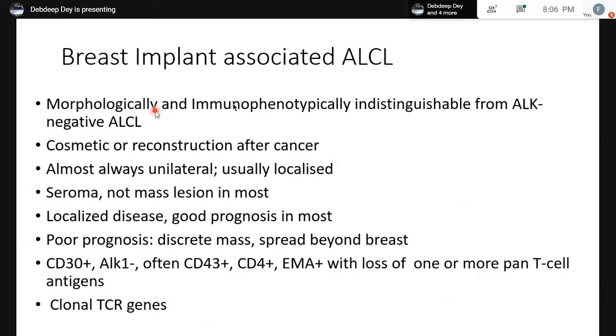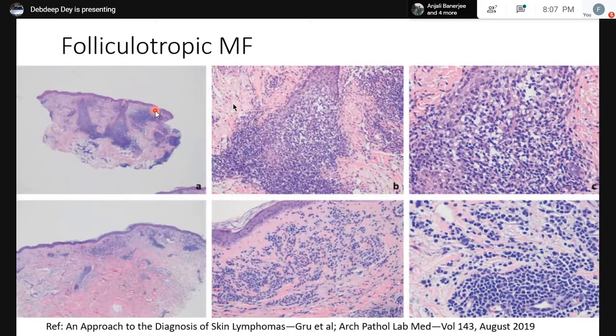It's CD30 positive, ALK1 negative, CD43 positive, and CD4 positive, with EMA positive and loss of one or more pan T cell antigens. Clonal TCR genes.